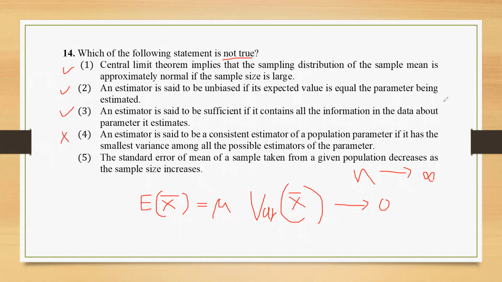And if we consider the fifth one, the standard error of mean of a sample taken from a given population decreases as the sample size increases, right? It is correct, right? So actually that is the concept of consistency. When the sample size increases, normally the standard error decreases.